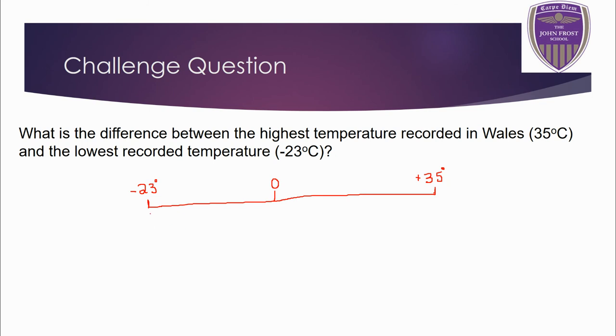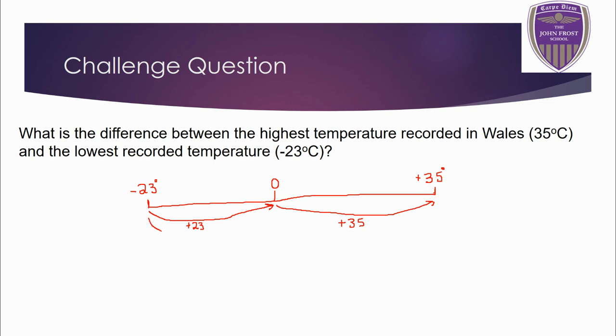So if I start at minus 23, how many numbers does it take me to get to 0? Well, I have to add 23 to get to 0. Minus 23, add 23 will get me to 0. Then how many more do I need to add to get from 0 to 35? Well, I need to add another 35. But that was in 2 steps. That was minus 23 to 0 and 0 to plus 35.